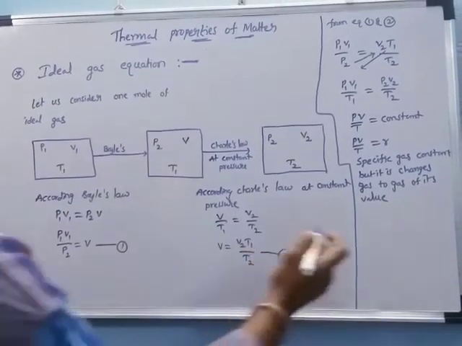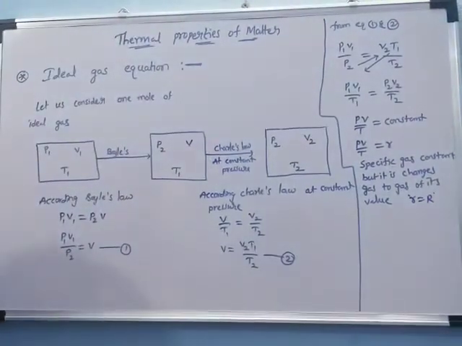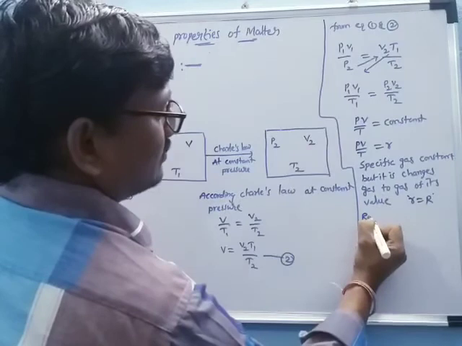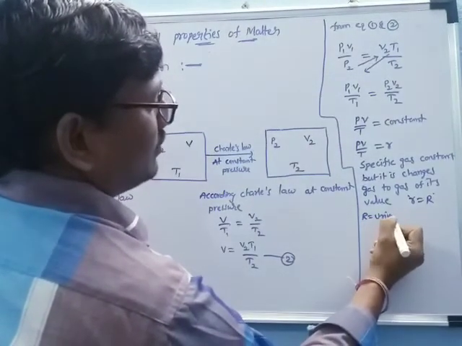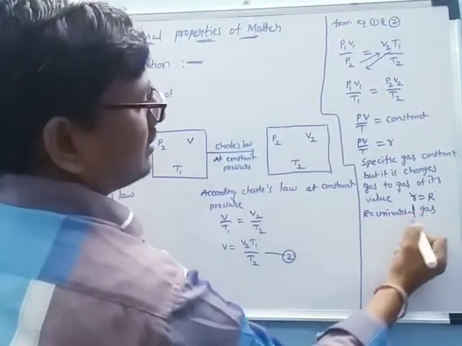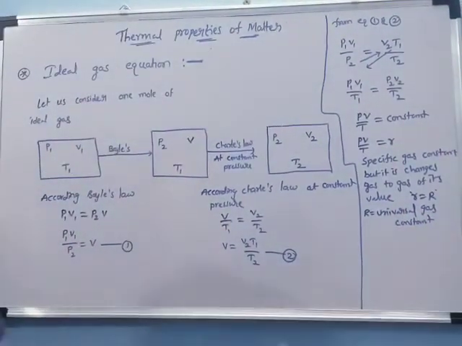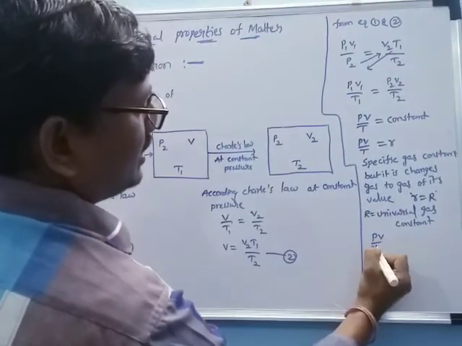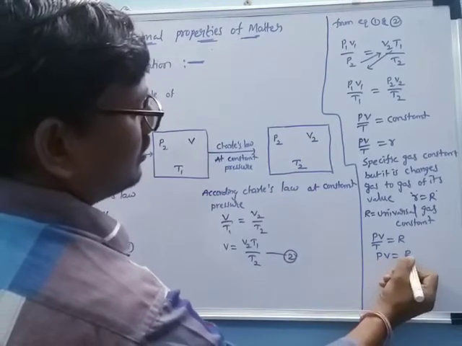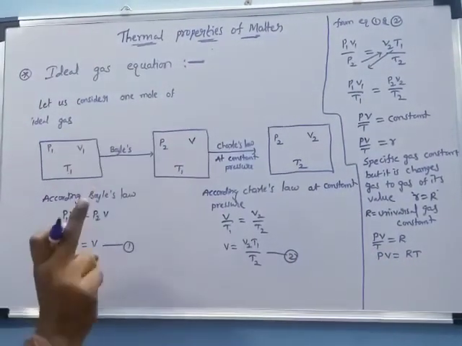That's why the small r is replaced by the capital R. The capital R is called the universal gas constant. We can write PV by T is equal to R, and cross multiplying, PV is equal to RT. But this is for 1 mole.